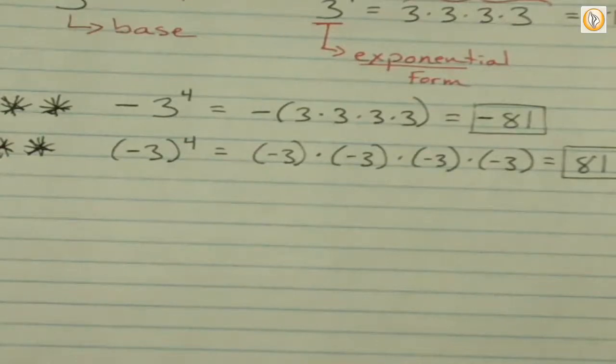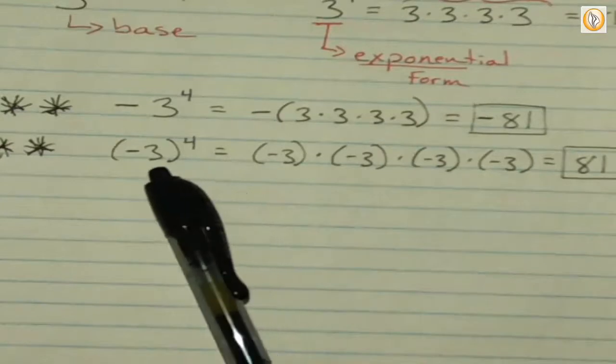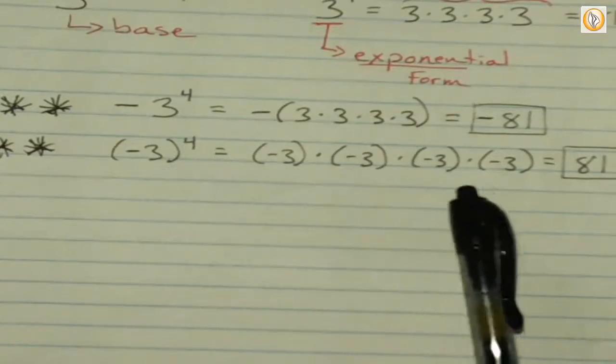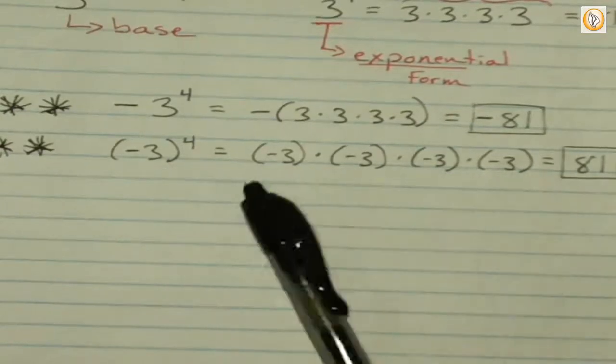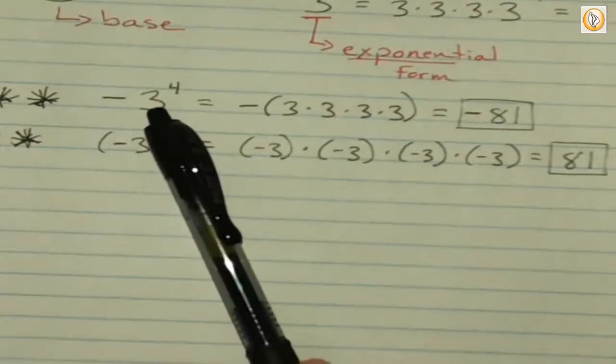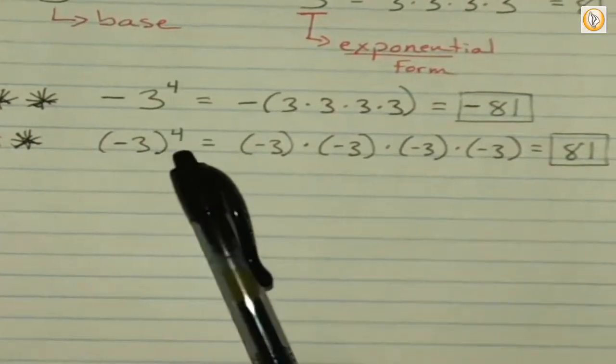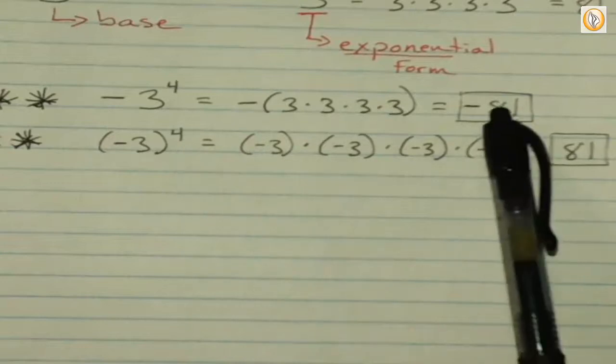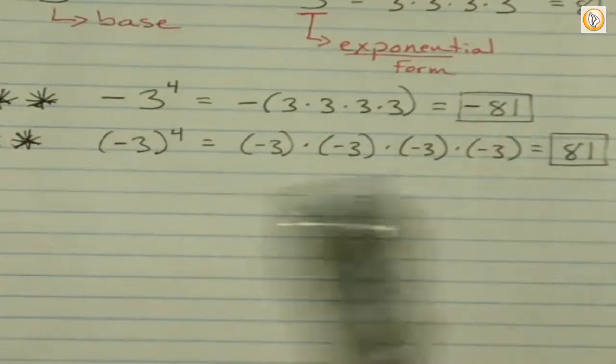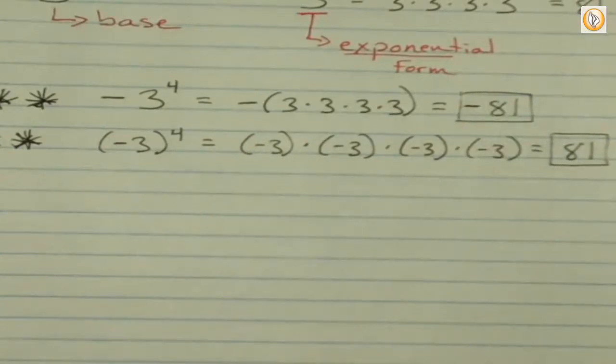Well, let me think about it for a minute. It's hard to remember. It's easy to forget. Keep in mind, when there's a parentheses like this, then we're keeping it in parentheses. Notice that -3 to the power 4, -3 to the power 4, and we get 2 different answers. So it actually does make a difference.